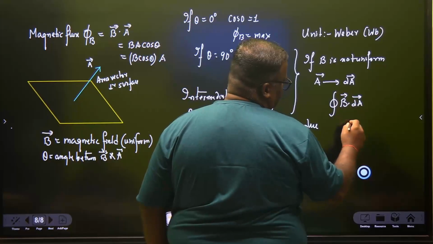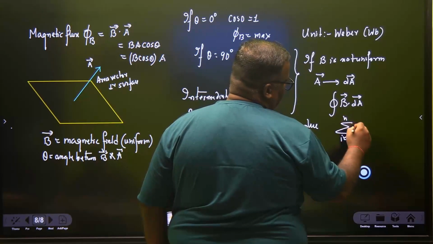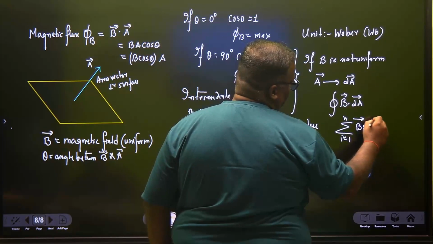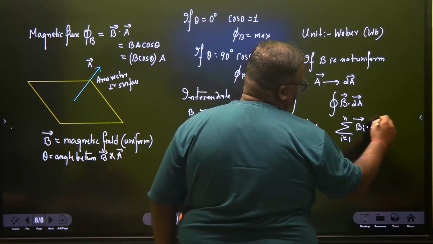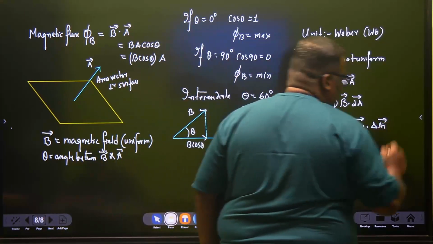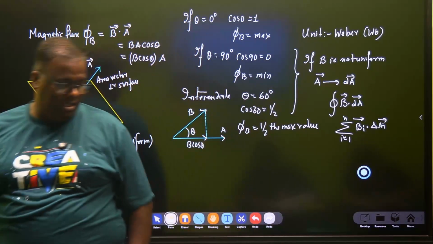This can also be written as the sum over i from 1 to n of all the Bi dot all the delta Ai. Means take one small A, find its B dot A, B dot A, B dot A, and then integrate it.